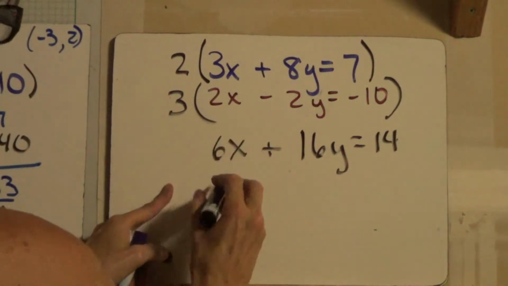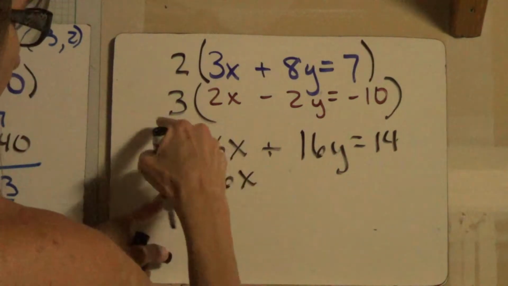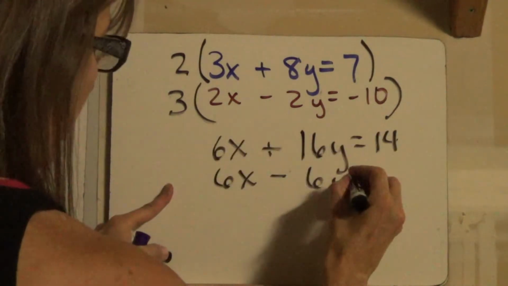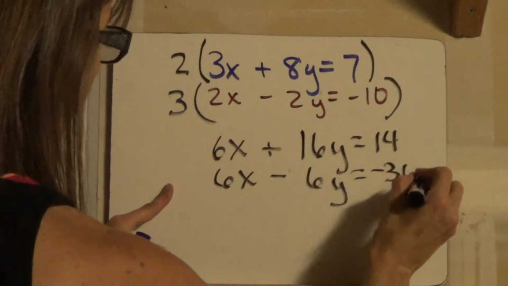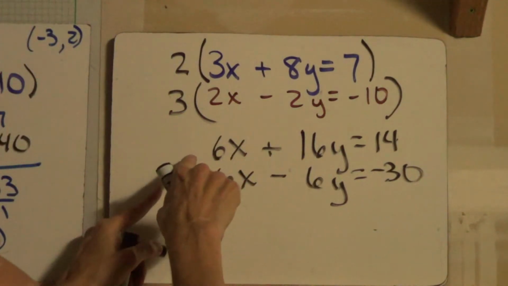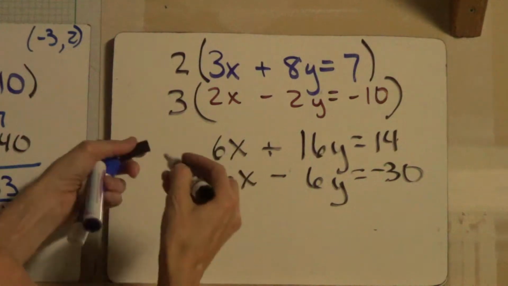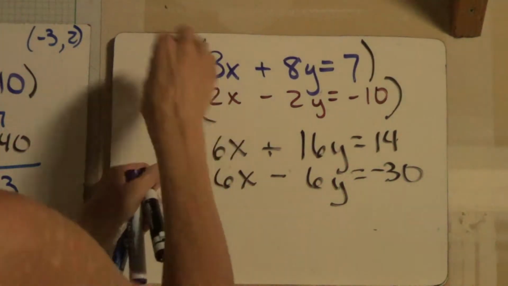Take 3 times all of these, 6x minus 6y equals negative 30. And then you would need to change the signs either in the bottom one or in the top one so that these 6's are opposites. Okay?